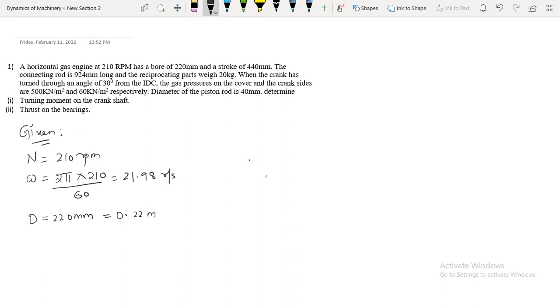Then it has a stroke length of capital L is equals to 440 mm. So we know that stroke length can also be written as 2 into R, that is crank radius. 2 into crank radius is equals to 440 mm, and the crank radius will be 220 mm, that is 440 by 2, or this is 0.22 meters, right?